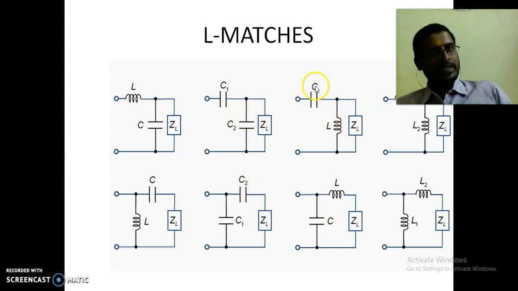Here series capacitance, shunt inductance. Parallel capacitor, series inductance. Here both are inductors. So these are some types of L match networks which are placed between load and source in order to convert the mismatched network to a matched network.